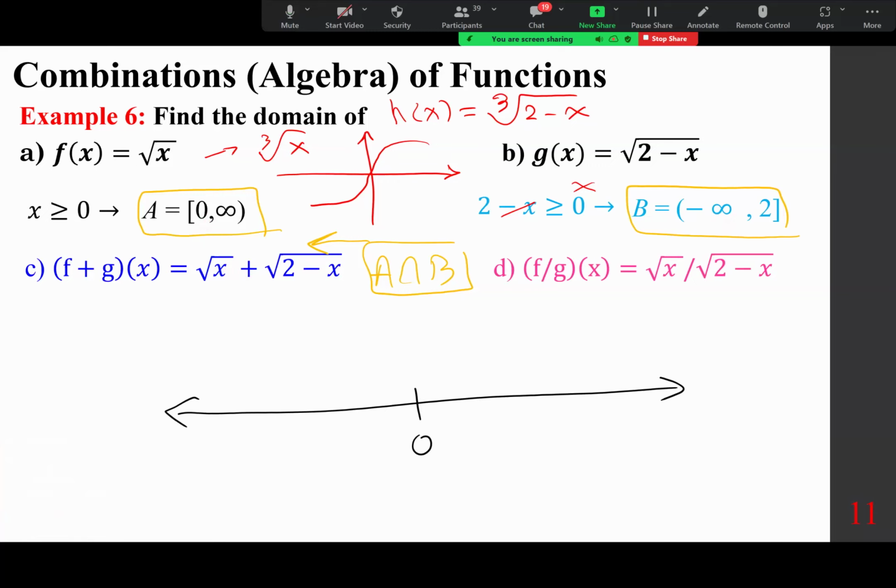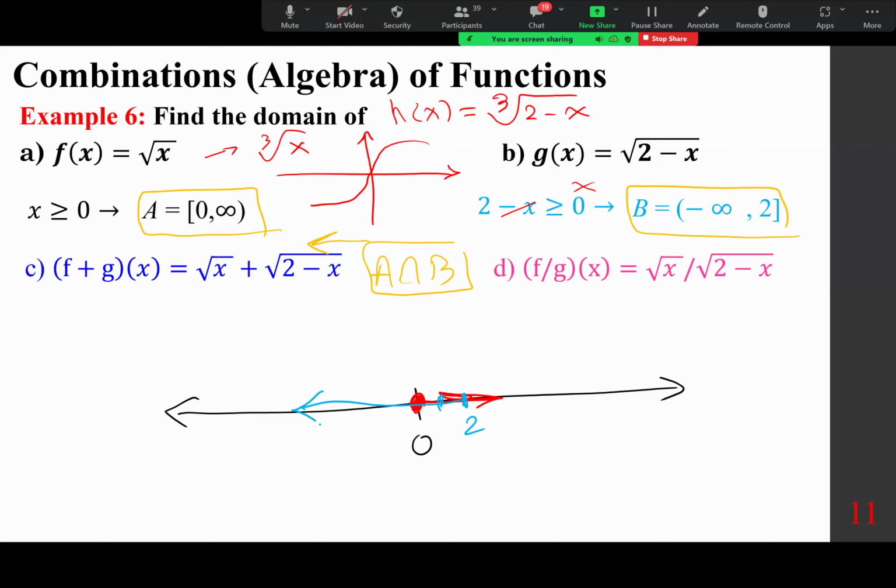So for part A, the answer is this, right? All the way to the right. Whereas for part B, it's from 2 to the left.